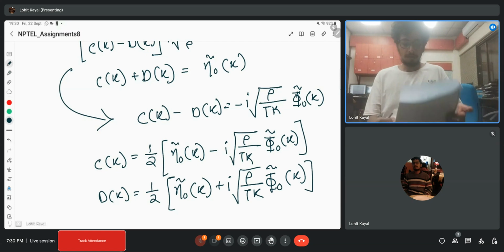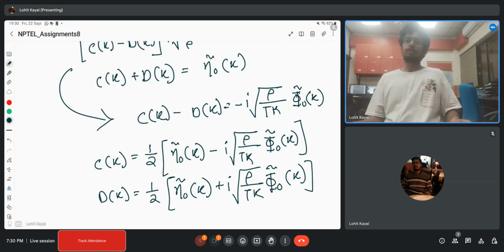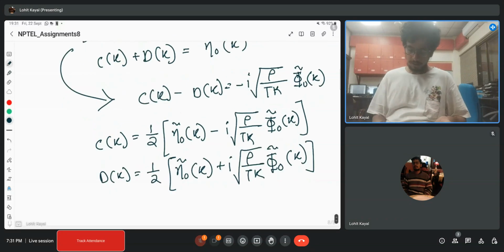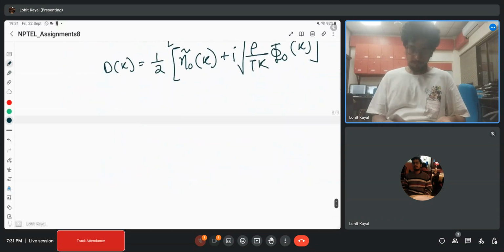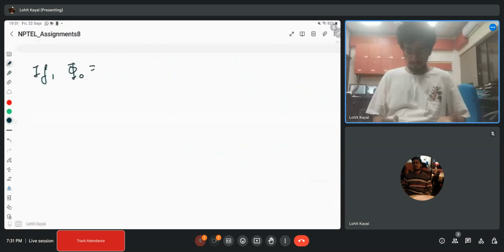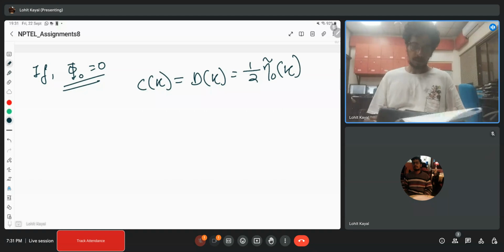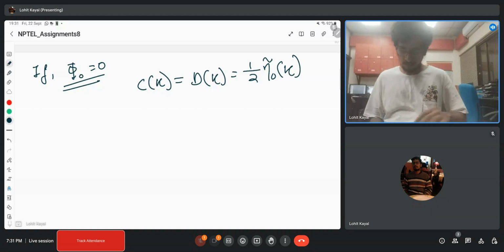Okay. Now, if you consider a special case, that means initially you have no velocity potential, then your phi 0 tilde of k will be 0. So if phi 0 is equal to 0, you will have ck equal to half of eta 0 tilde k.